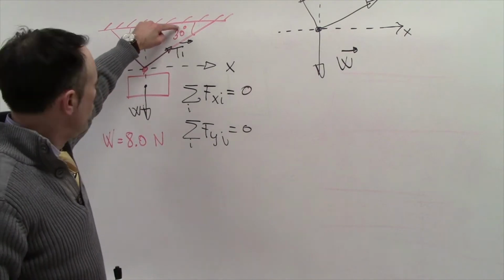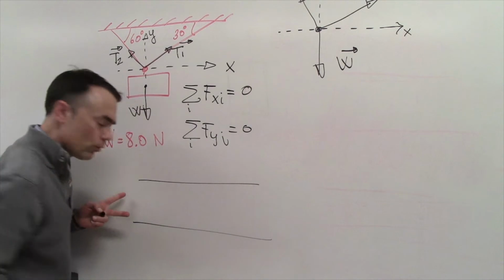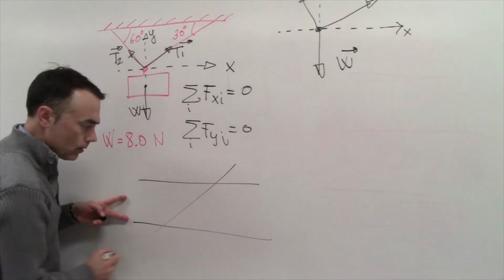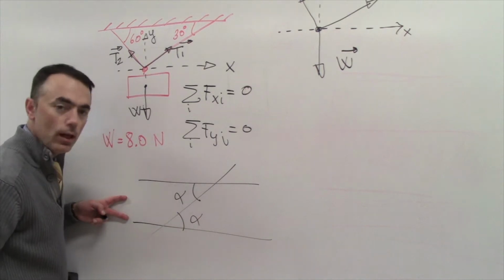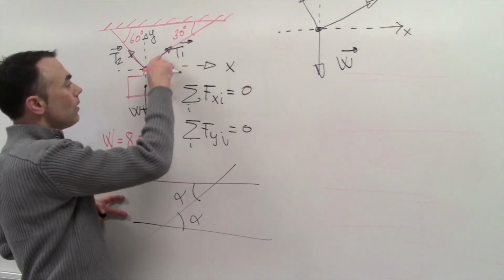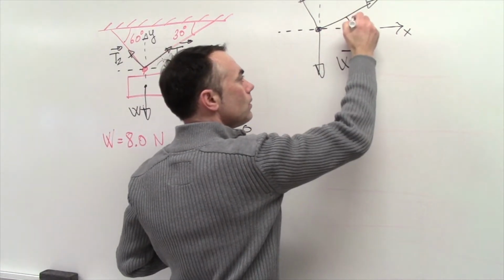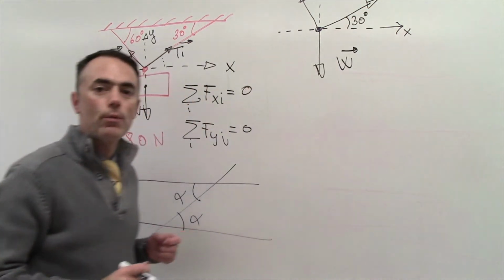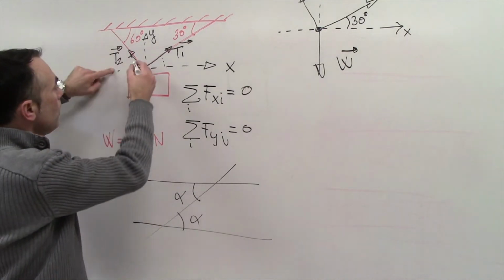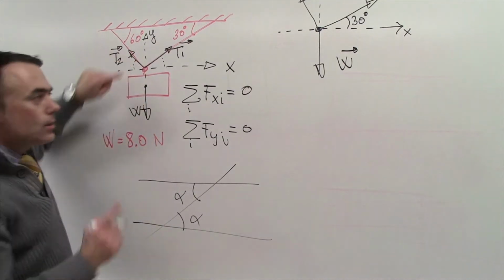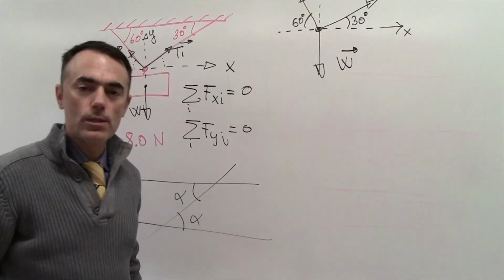If this angle is 30 degrees, you know that if you have two parallel lines, then this angle alpha has to be the same as this angle alpha. So this is 30 degrees. And with the same reasoning, if this angle is 60 degrees, this angle is 60 degrees, and that angle is 60 degrees.